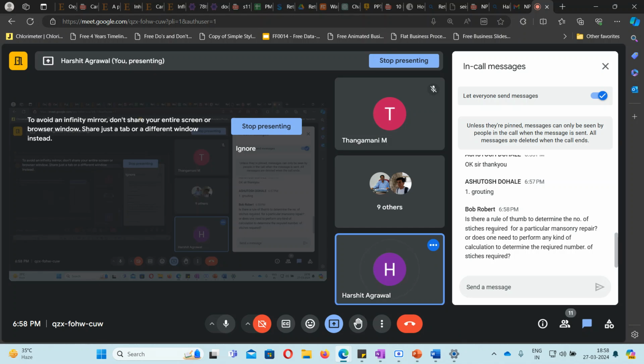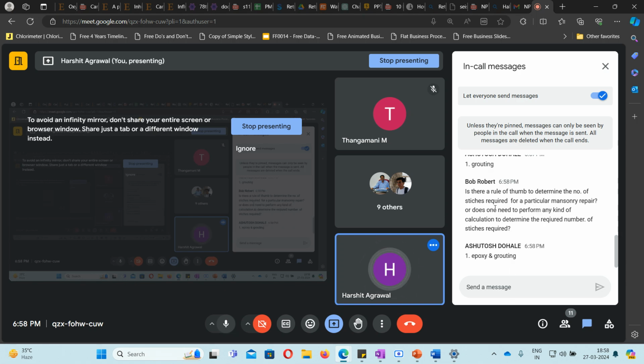That is mostly based upon site experience. The number of stitches can be decided based upon the length of cracking. Suppose you have a 500 long vertical crack. You can provide stitches at every 100 interval, so you can go with four or five stitches.